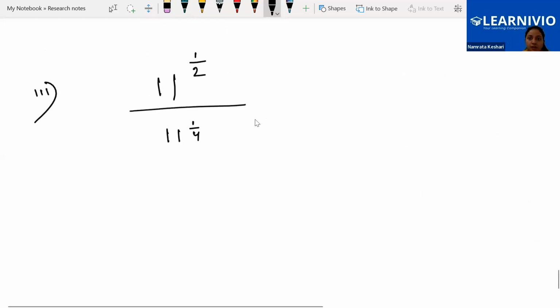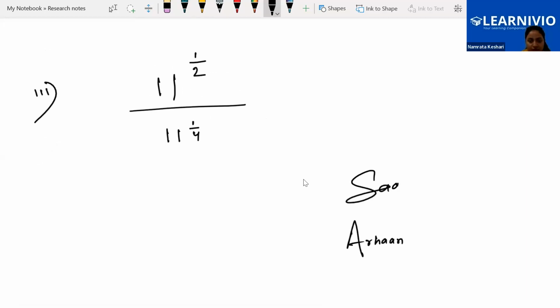What to do over here? Please do it, Shamia, Shad and Arhan. 11 raised to the power 1 upon 2 minus 1 upon 4. Ma'am, the LCM would be 4. Yeah, LCM 4.